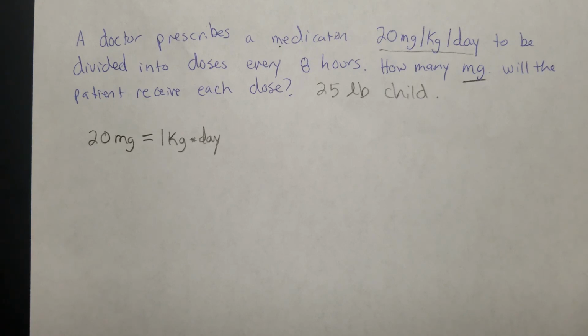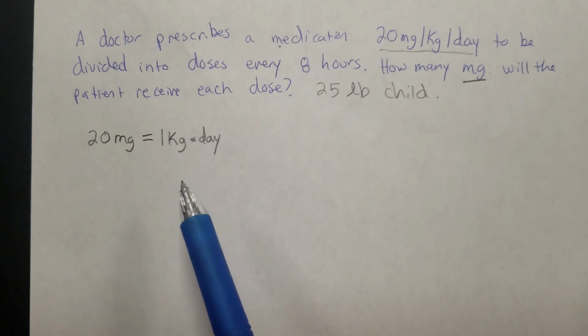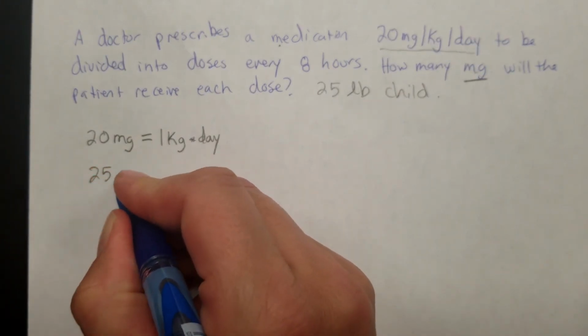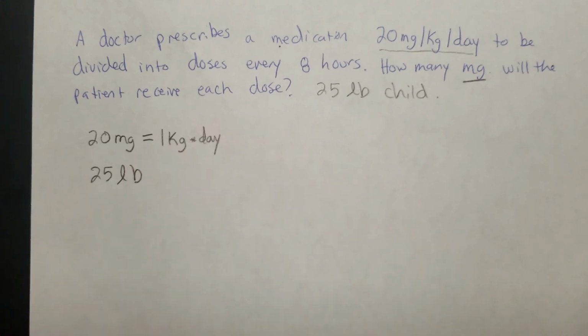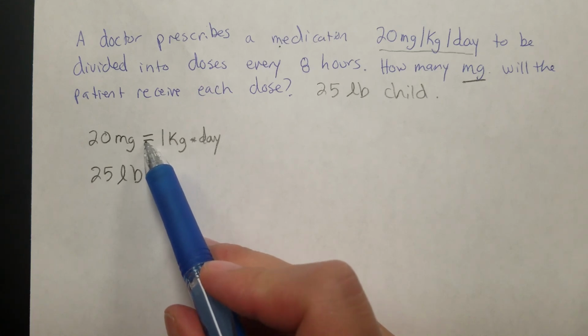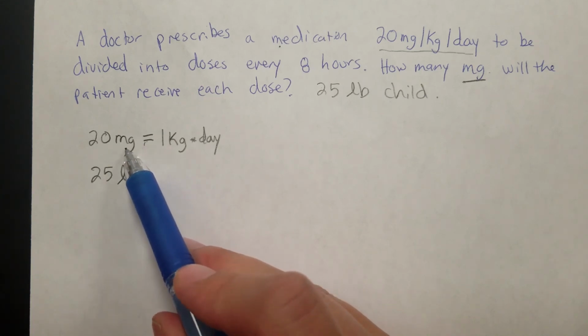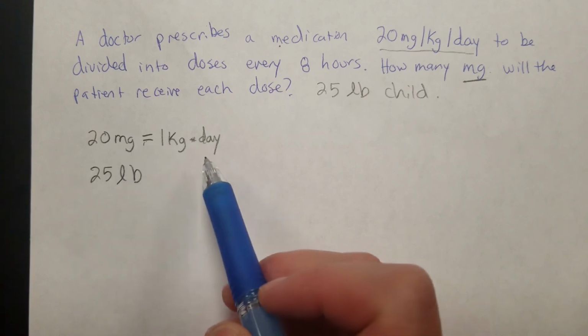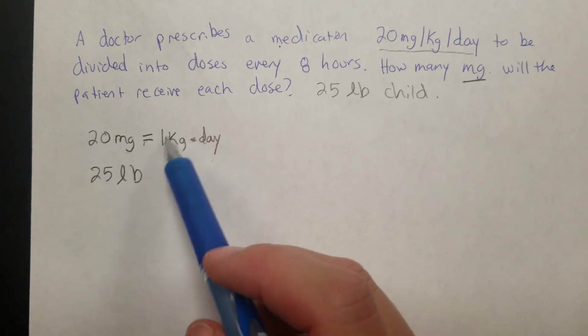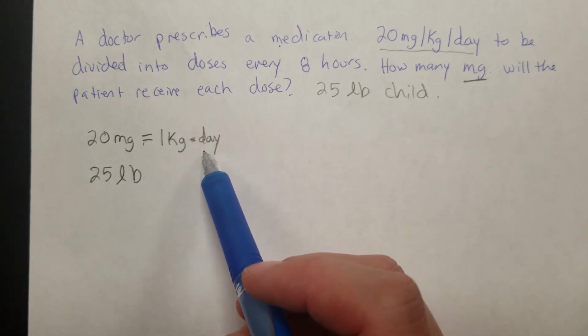Let's start by writing down the information we need. So we have a 25-pound child. We can use this conversion factor to figure out how many milligrams to give that child per day, because it's saying that they need 20 milligrams for every kilogram that they weigh per day.